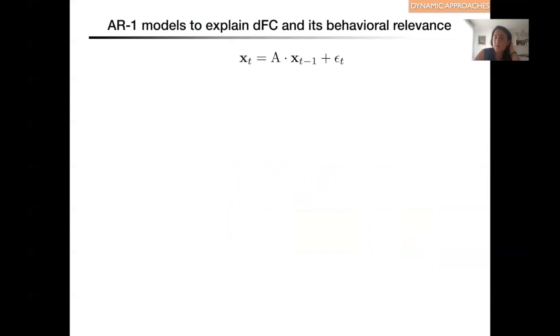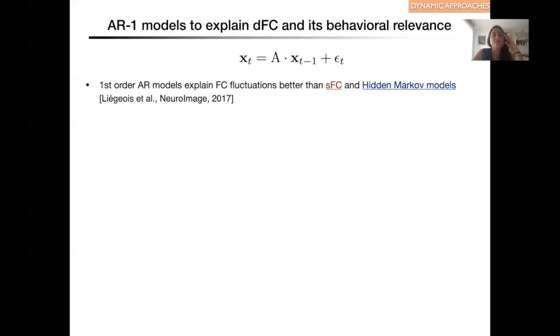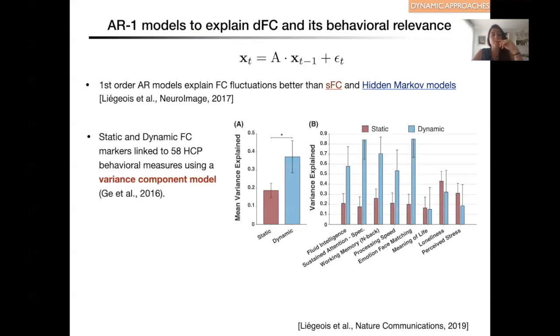What was shown from the recent research of the latest year of Rafael, who will also give a presentation, but not exactly on that, later, is that first order autoregressive models explain fluctuations of functional connectivity better than static functional connectivity, and also than hidden Markov models.